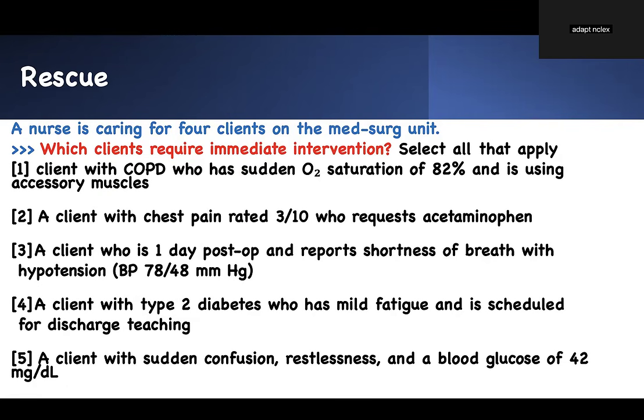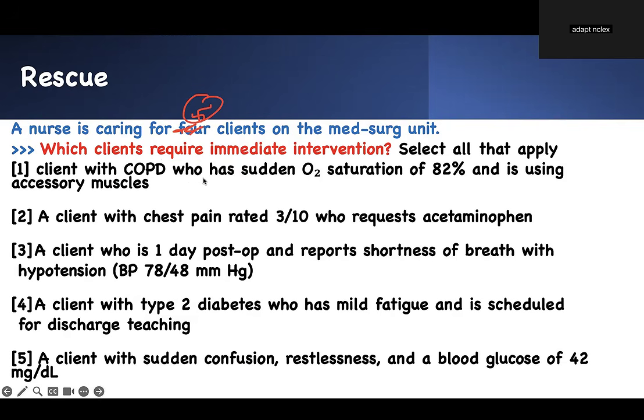A nurse is caring for 5 clients on the med-surg ward. Which client requires immediate intervention? Select all that apply. Therefore, there are only 5 patients there. Which one do you need to do something for? Intervene right now. Look at the patients and see who is in trouble.